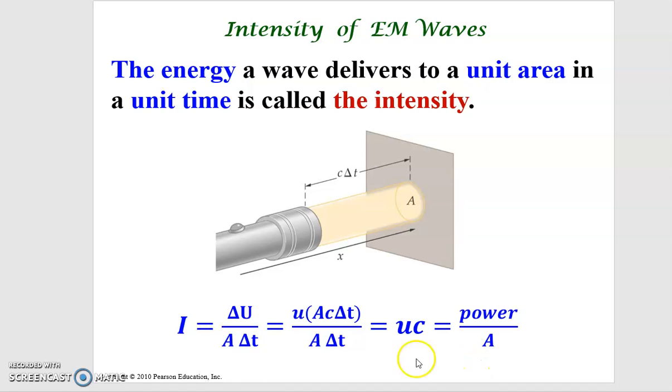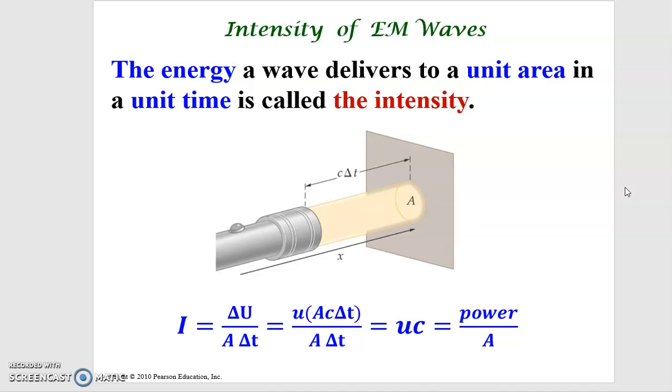But the last equation here, people will feel a little bit confused. I say that the intensity now is power divided by the area. So it is hard to see that power divided by area is equivalent to U times c. But this is simply from the definition here. So how do we define the power?